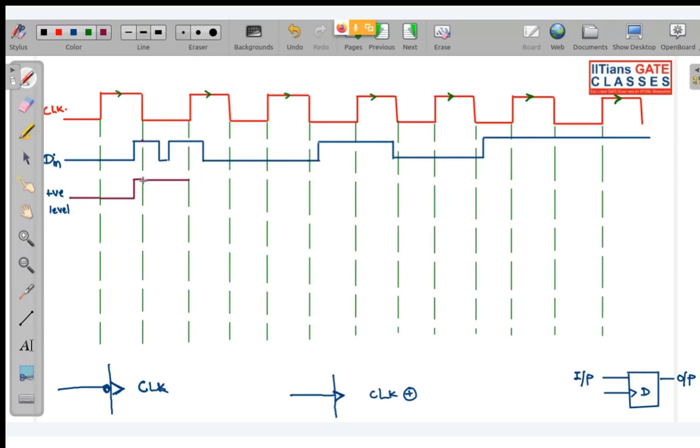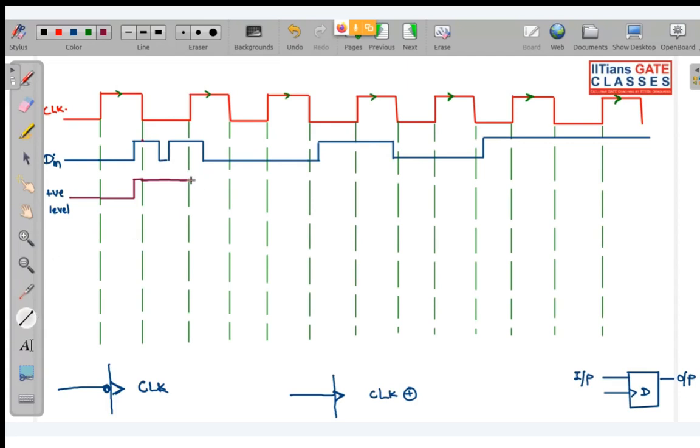So output should be maintained at high. Even when there is a transition in input from high to low and low to high, your D flip-flop did not change, because this transition happened in your negative level. So your output will not change.